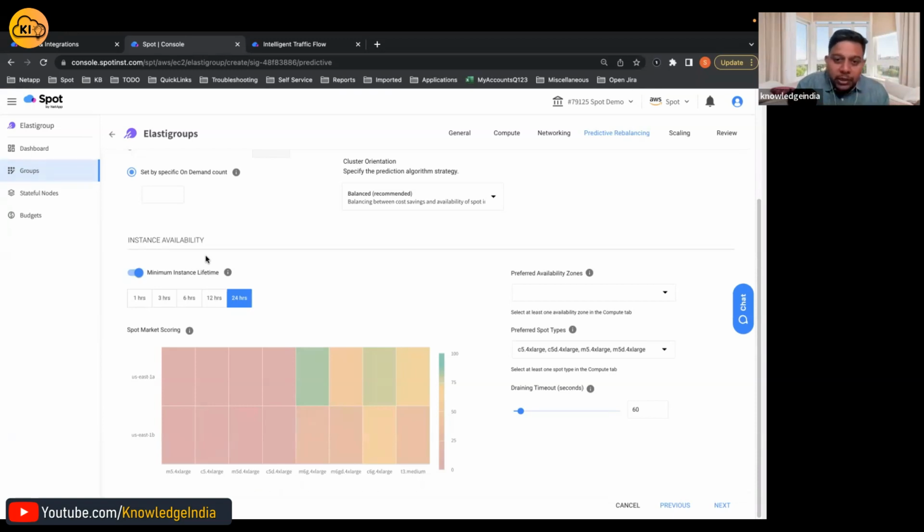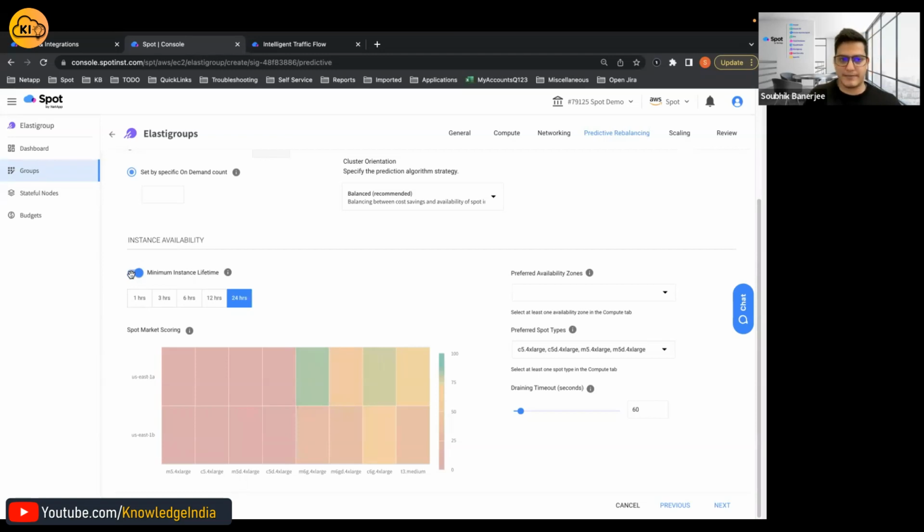But here in the predictive rebalancing tab, you select only those instance types which you want to get preference, which the system should pick up first. Exactly. Also, just to mention, this is not mandatory. You can opt in or not. So only if the need is there, you select it.